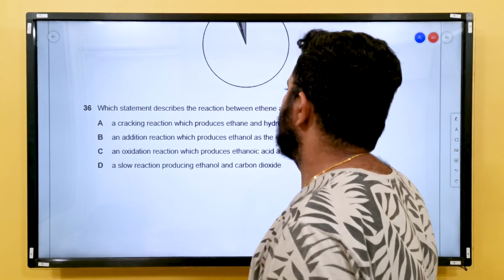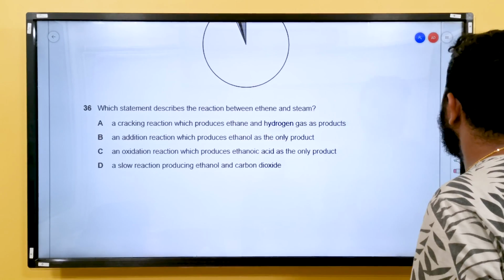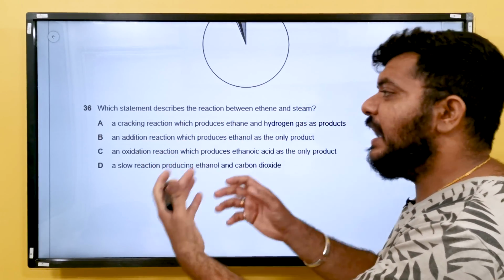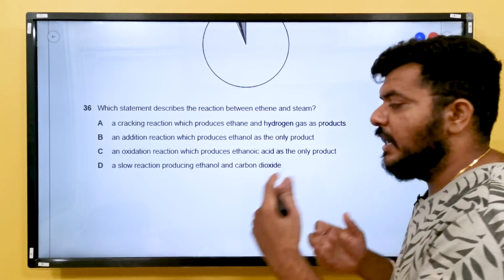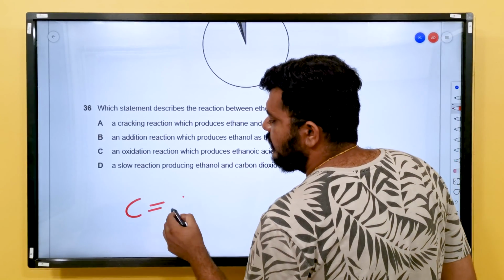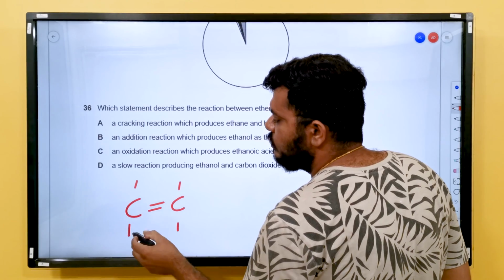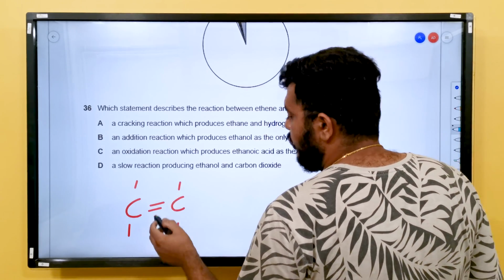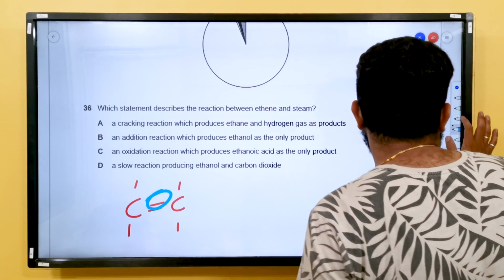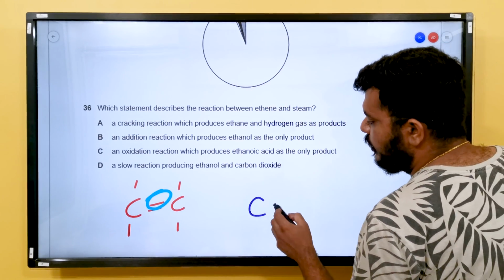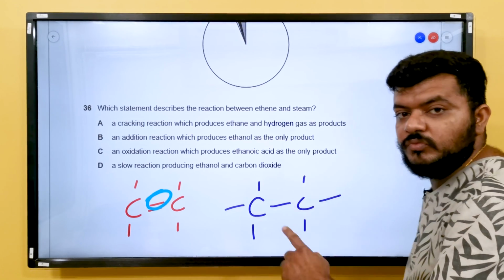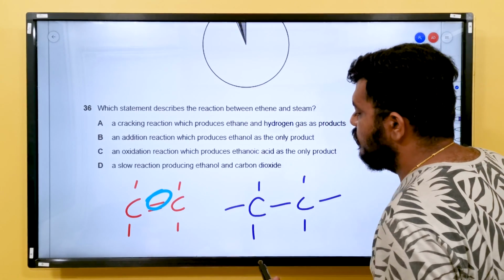Which statement describes reaction between ethene and steam? See, this is an alkene. When it reacts with steam, it's going to be an addition reaction. The alkene here is going to break its double bond. This bond will be broken, and therefore both the carbons will be able to accommodate at least one new atom.